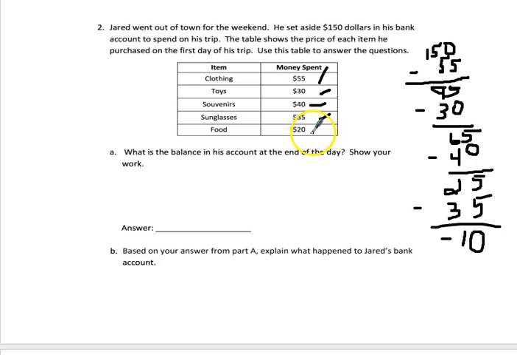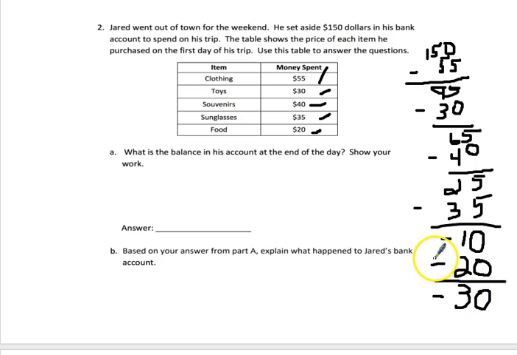Now, he's also going to buy some food, $20 worth of food. That means he needs to borrow $20 more. So he borrowed 10. He borrows $20 more. He now has a debt of -$30.